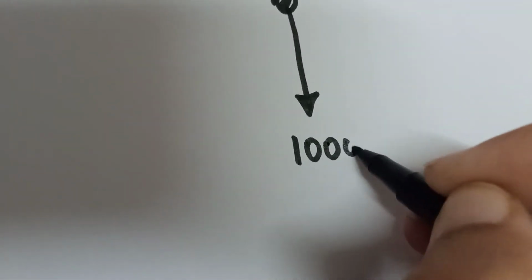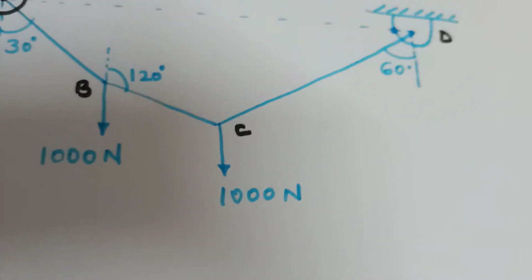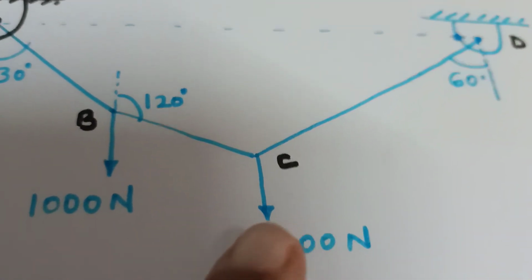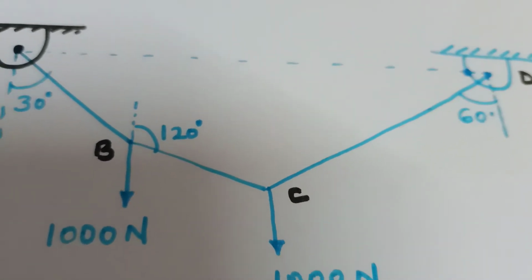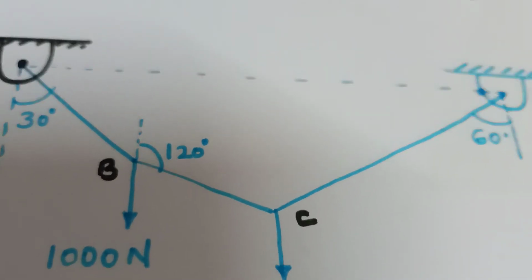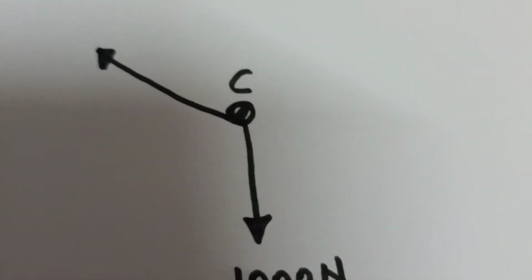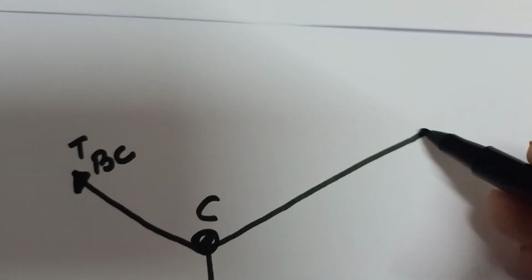Then we have the TBC over here, which we have already calculated. Then over here we have got tension in the string CD, so T of CD.